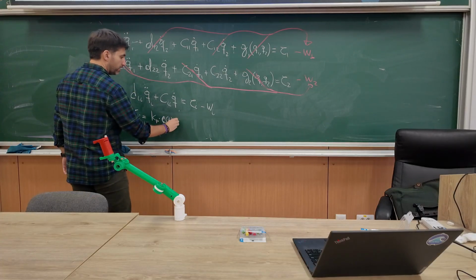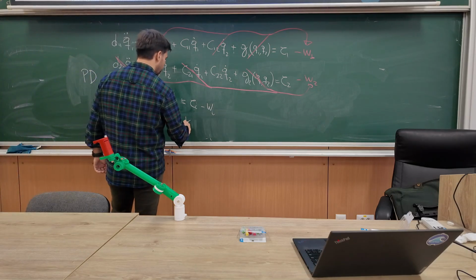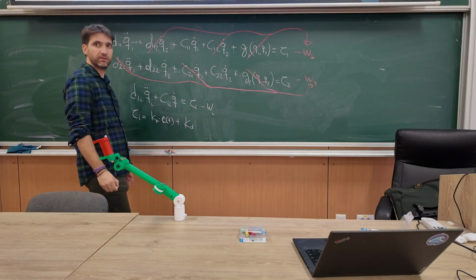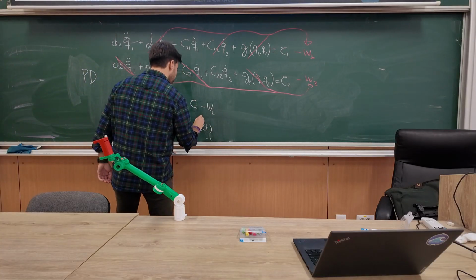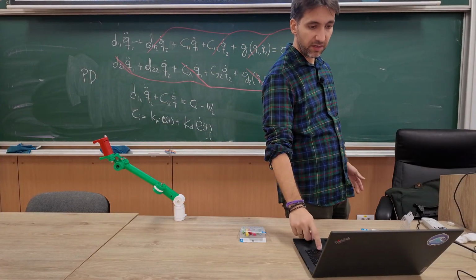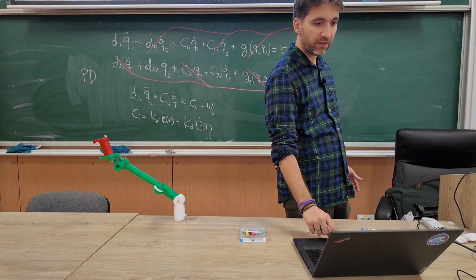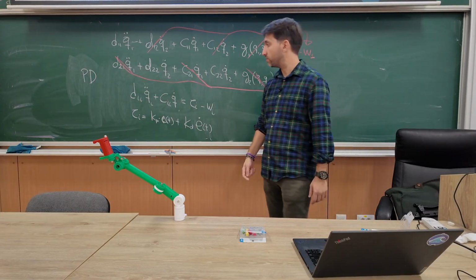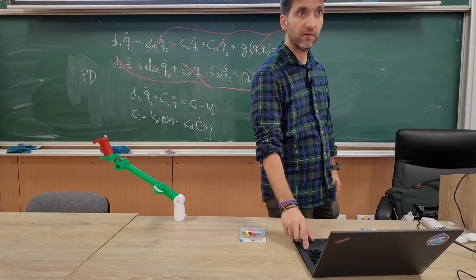And if I have the D part, it would be another gain kd times the derivative of the error over time. That's what I'm looking for. I have the kp times the error plus kd times the derivative of the error. I add them together to calculate my action, my input, which is the torque. Correct?